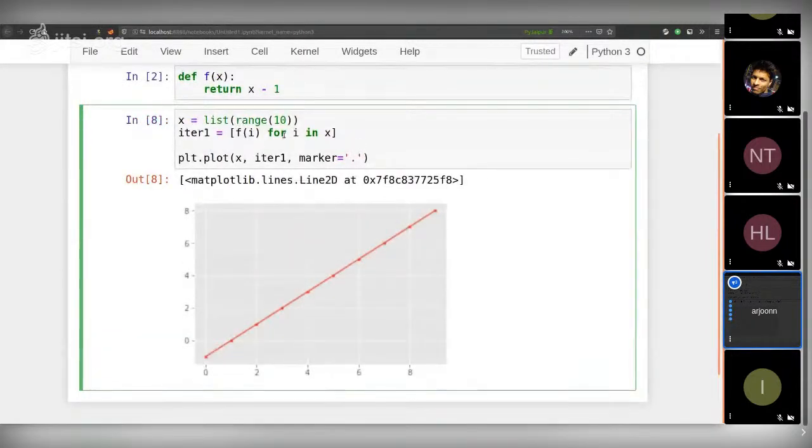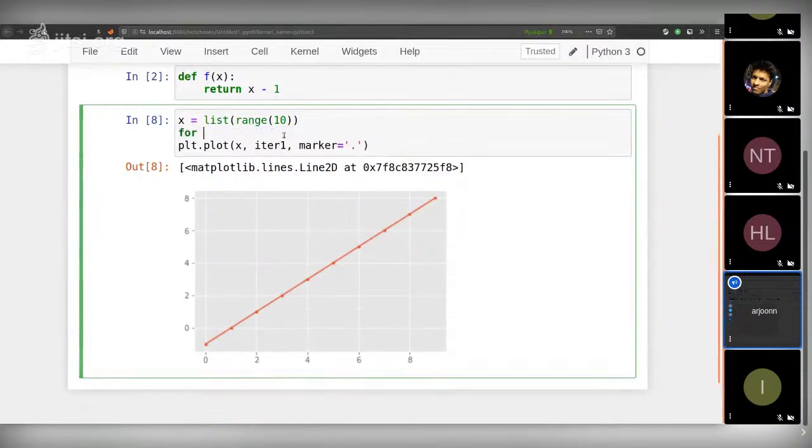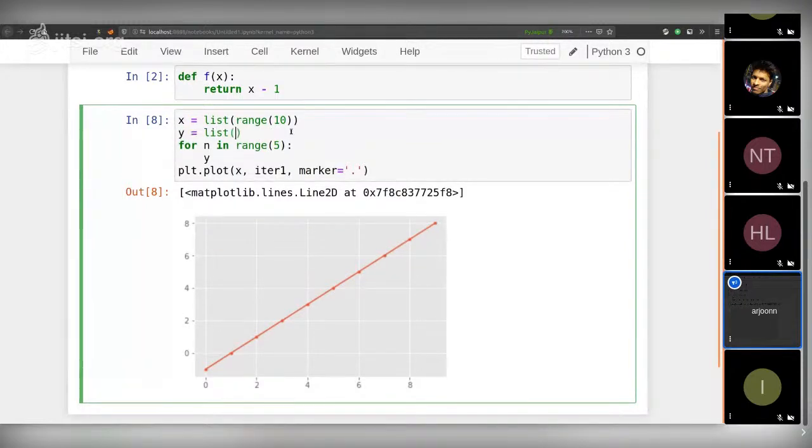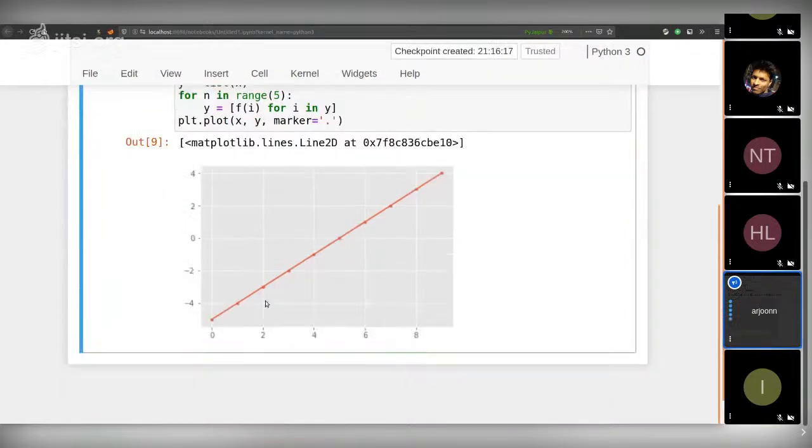And if we increase the number of times we apply this function, for n in range, let's say we apply this function 5 times, so y is equal to f of i for i in y. So we apply this function 5 times, and we still get a straight line, although the line is now shifted.